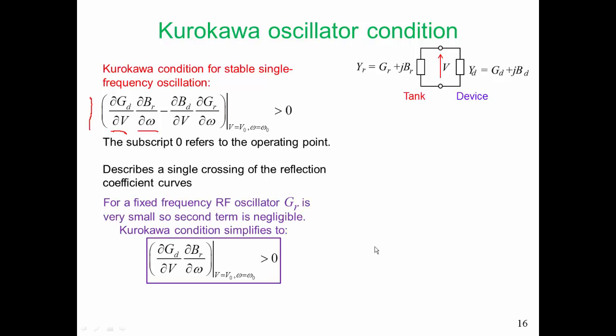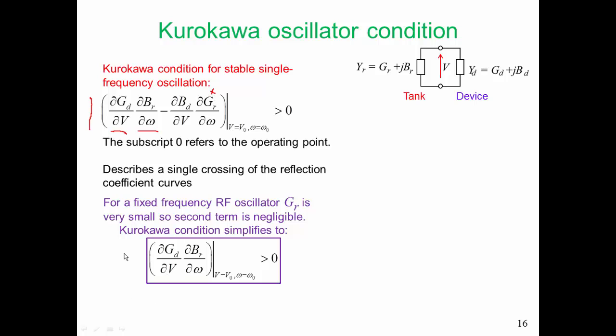For a fixed frequency RF oscillator, GR is very small, so the second term is negligible. So here is GR. For a fixed frequency oscillator, we can build very good resonators and our conductance can be very small. And if it is negligible, the second term is negligible.